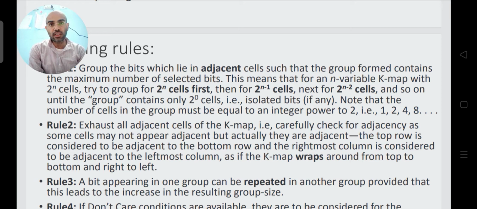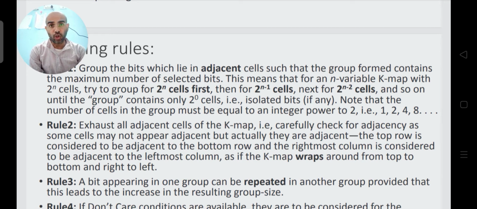That can be the only, and the biggest, group. So if all the cells are filled up with 1, a single group of 16 cells will come. Form that, and the answer will be 1 in that case. If all the entries are 1 in a K map, then your answer will obviously be 1, so no need to solve it in that case.